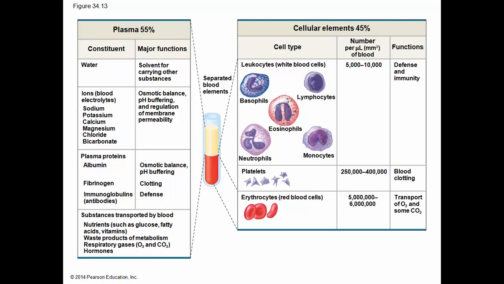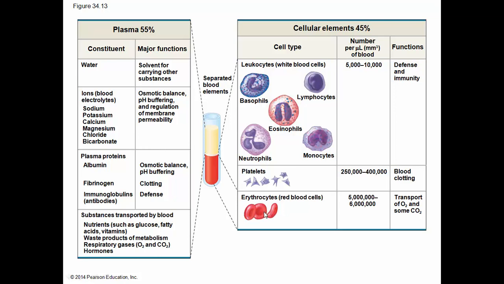Substances transported by the blood include nutrients such as glucose, fatty acids, and vitamins, waste products of metabolism, respiratory gases, oxygen and carbon dioxide, and hormones. So a lot of the function of blood is carried out by the plasma. Now, the cellular elements of blood: what makes blood red are the erythrocytes.